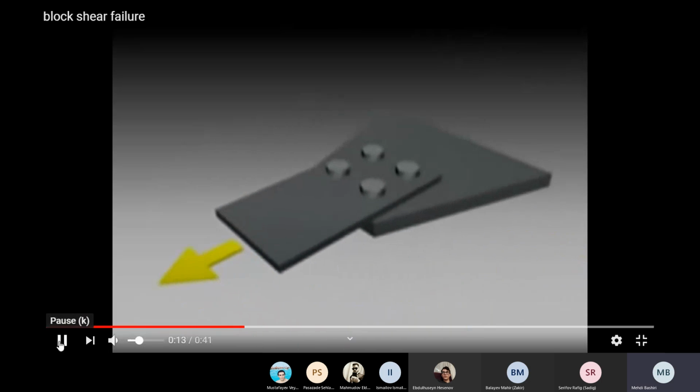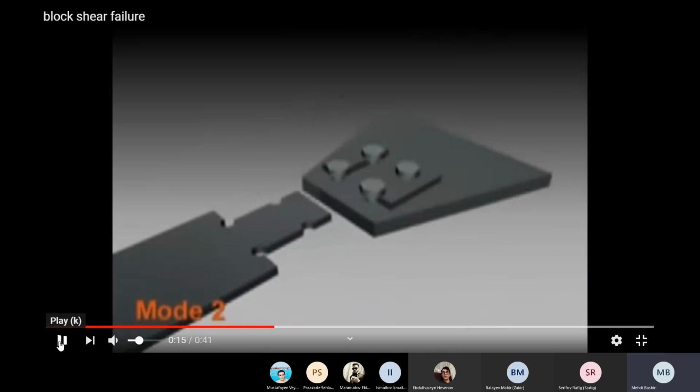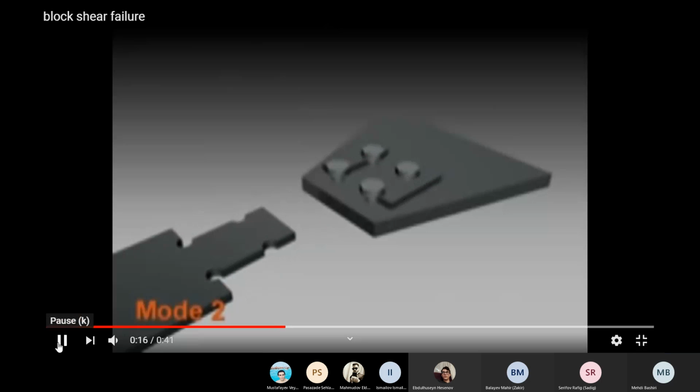This is mode 2. In the second mode, the internal part takes part, but the outer part, the external part, remains.